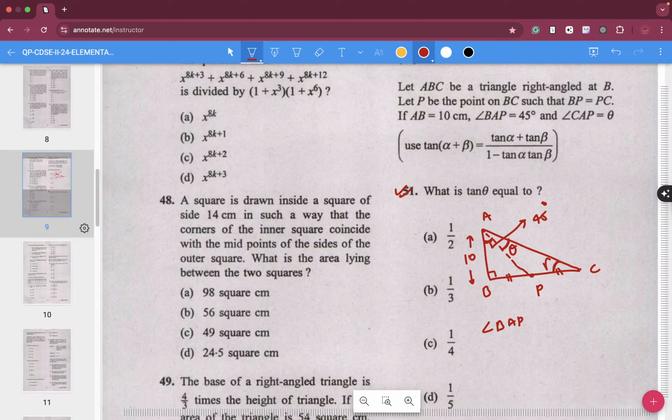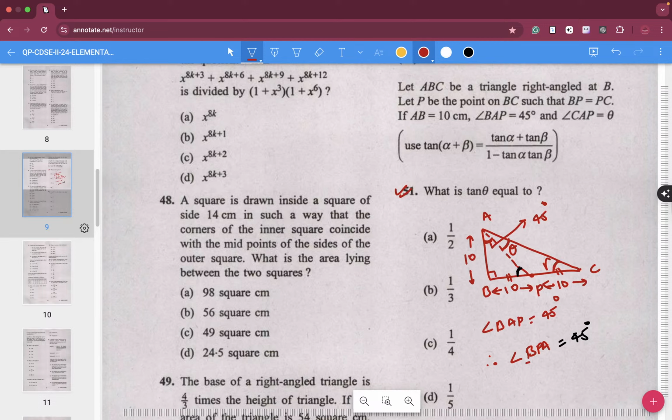Angle BAP is equal to 45 degrees, therefore angle BPA, this angle in black, will also be 45 degrees. What does it mean? It means that BP is also equal to AB, sides opposite to equal angles, which implies PC is also the same, isn't it?